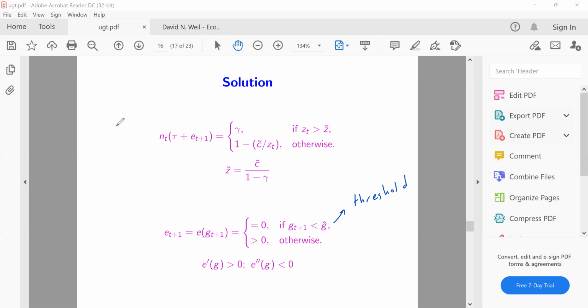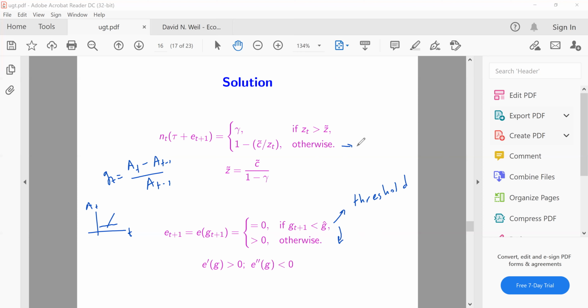Remember g_t is productivity growth. So if g_t is sufficiently small, compared to this, for instance, then education spending will be small because there's no need to educate the kids. The machines are so simple, right? There's no advanced skills required. So for this reason, there is a threshold that activates the modern growth regime.